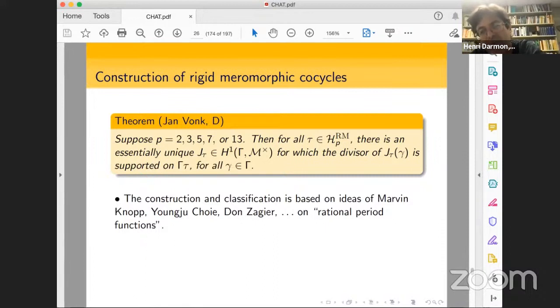I expect the calculations there would be much simpler than in the original calculation of Gross-Zagier, and would yield results of a similar flavor. So it would be something worth doing. But we were mainly interested in non-quadratic characters of the real quadratic field, because that's where we really get substantial applications to explicit classical theory.